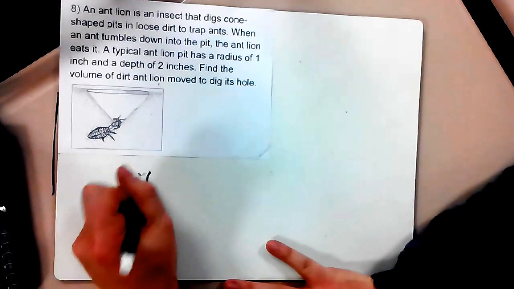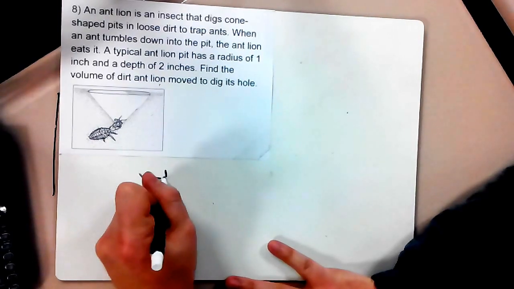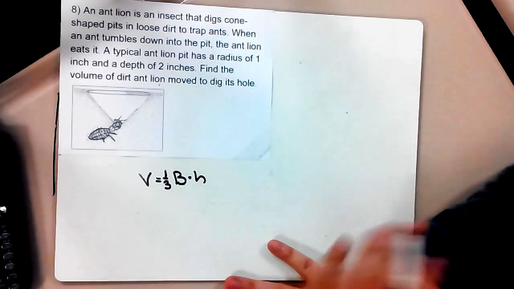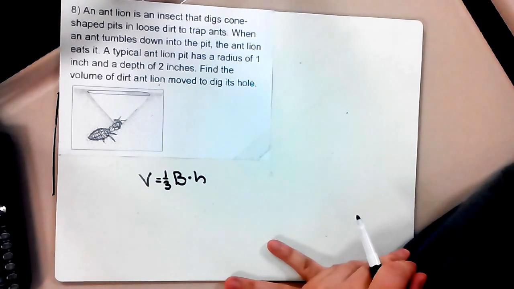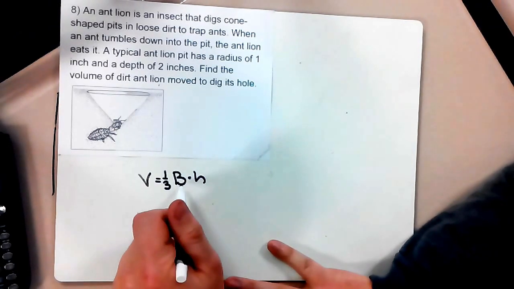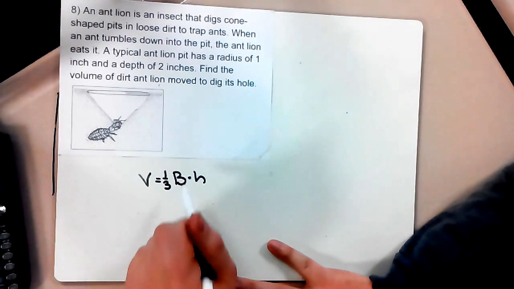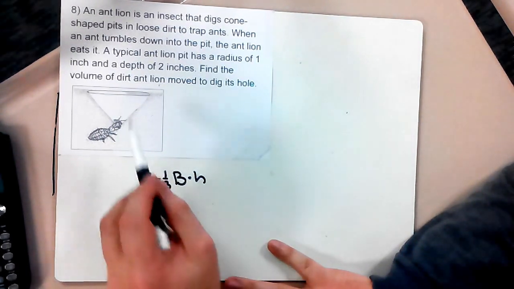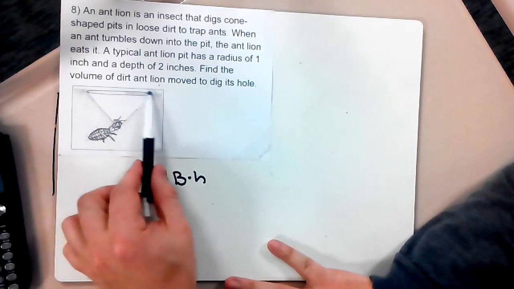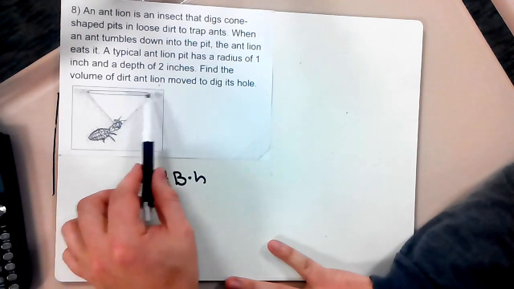The volume of the cone is V equals 1/3 big B times H. It tells me that the depth of this thing is 2 inches, but we have to find the area of the base. The radius of this circle is 1 inch.